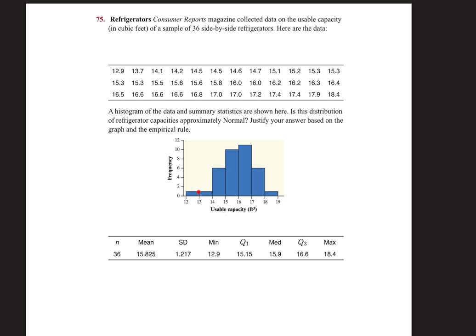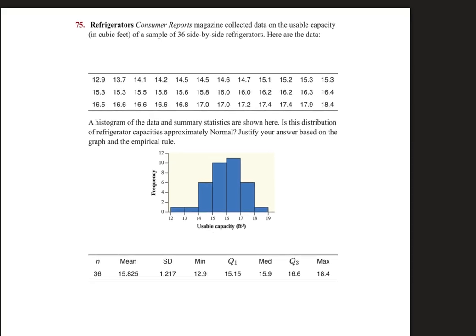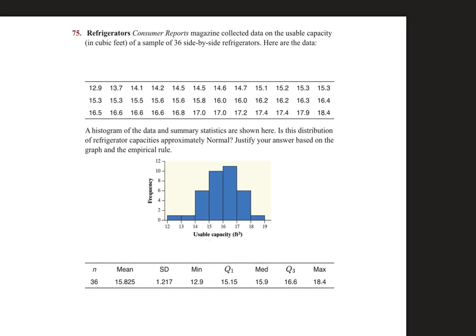A little bit more and that would have raised this box, and it would be pretty normal. Maybe slightly skewed left, but I don't know, not even. So on that face, it looks approximately normal.